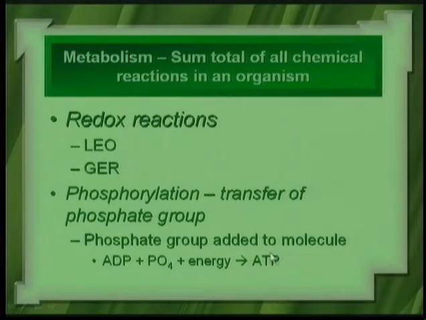This is a form of energy that the cell will generally recognize. So ATP is very important, and that is a result of adding another phosphate group to ADP. So you have adenosine diphosphate plus a phosphate group plus energy, then you'll have adenosine triphosphate, or ATP.